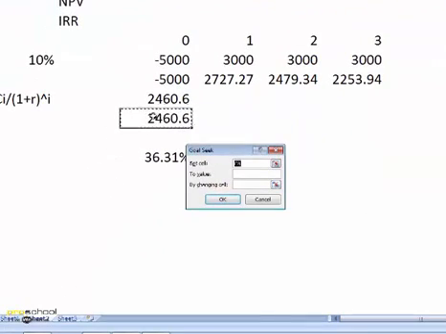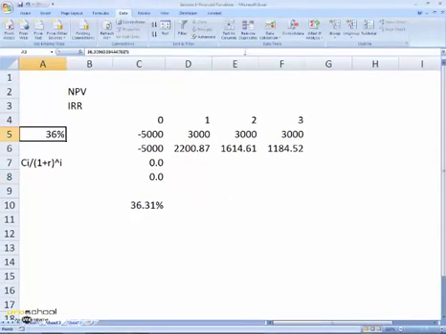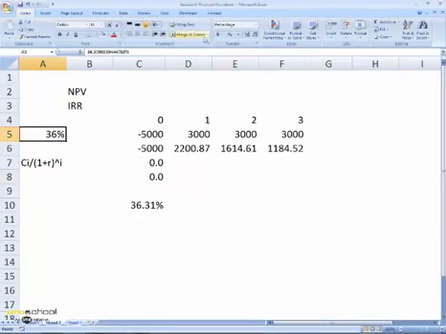Here I'll say this is the value I want to set. It's already selected, and this should be set to 0. By changing, this is my discounting rate which I have used. Use this, OK, and you see that this changes. I take it to 2 decimals and that's it, 36.31. It exactly matches with the IRR calculation.